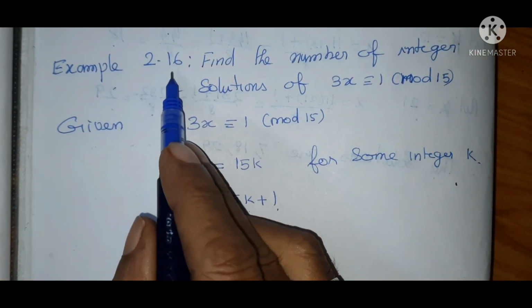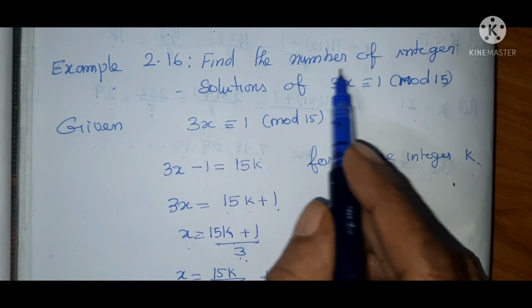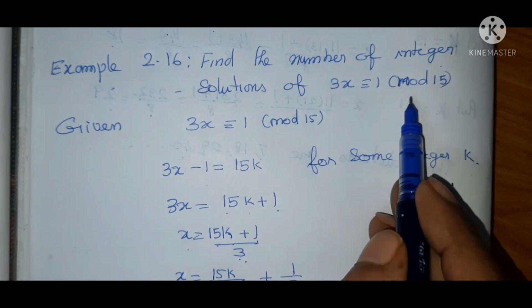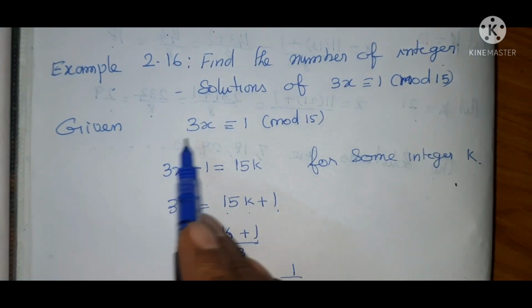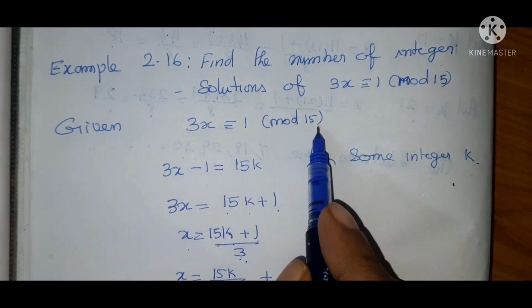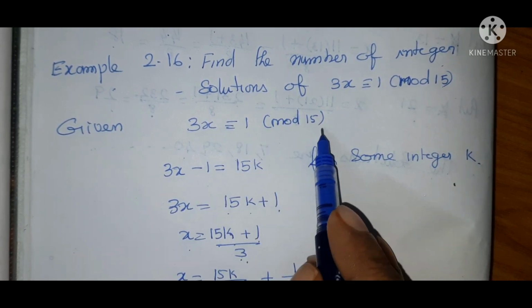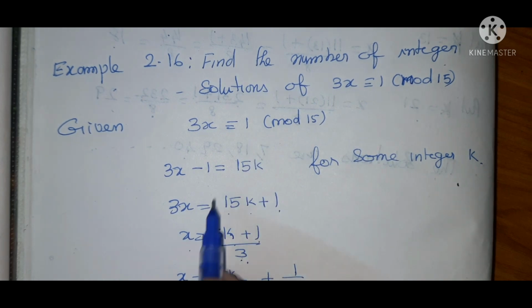Example 2.16. Find the number of integer solutions of 3x congruent to 1 mod 15. Given 3x congruent to 1 mod 15. When 3x, the dividend, is divided by 15, we get the remainder 1.